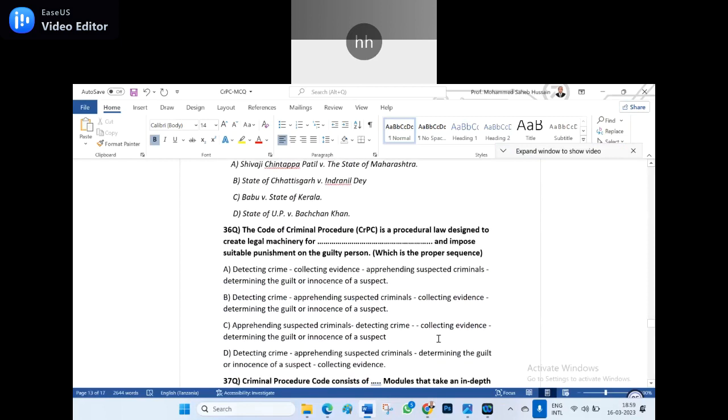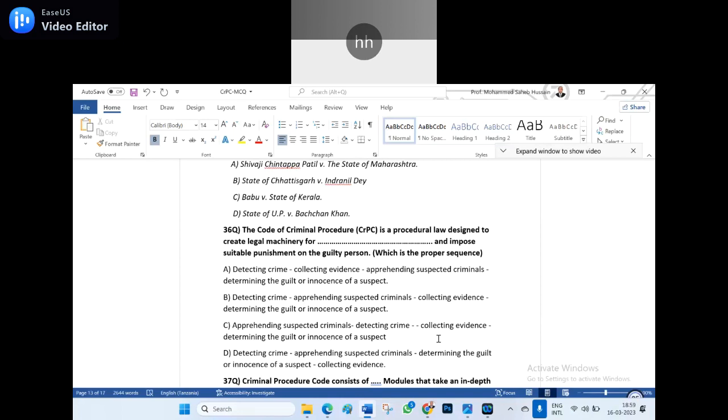Then 36th question. The Code of Criminal Procedure (CRPC) is a procedural law designed to create the legal machinery for a dash and impose suitable punishment on the guilty person. Which is the proper sequence? A. Detecting crime, collecting evidence, apprehending the suspect criminals, determining the guilt or innocence of a suspect.